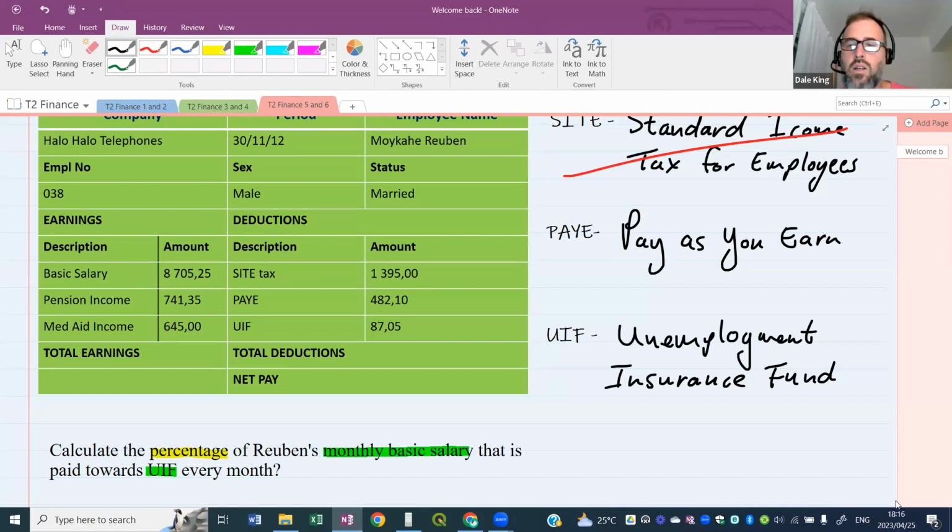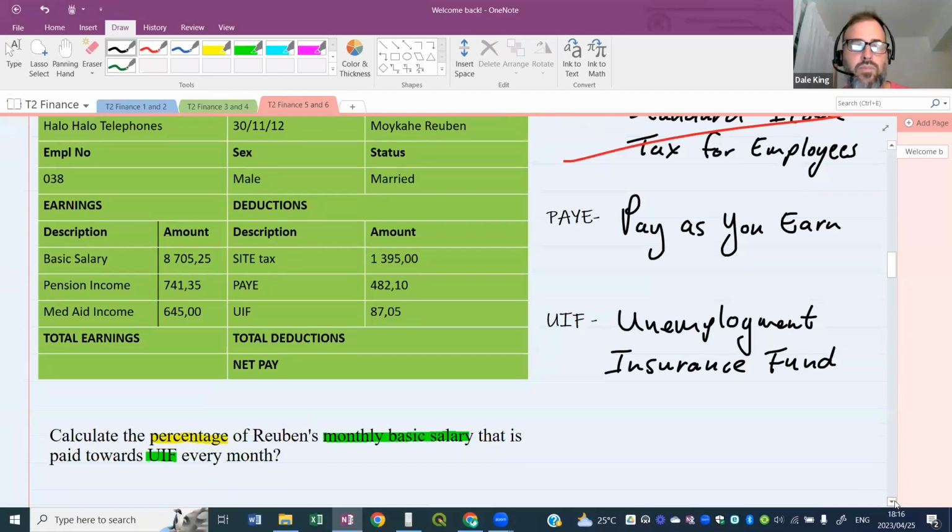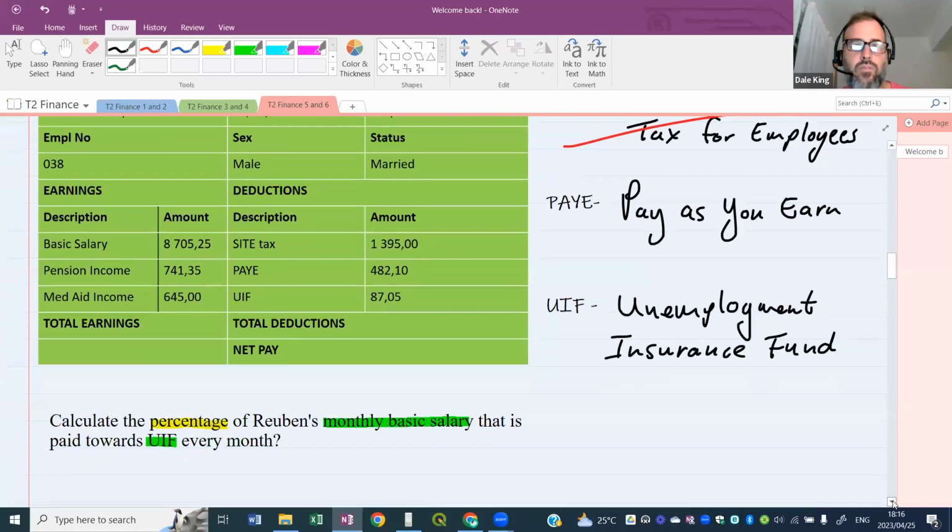Just a quick calculation to take you about a minute. And this percentage is always applied to your basic salary to get your UIF portion. Please remember that. It's a percentage of your basic salary.